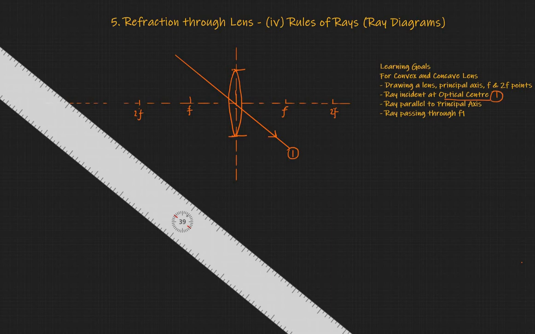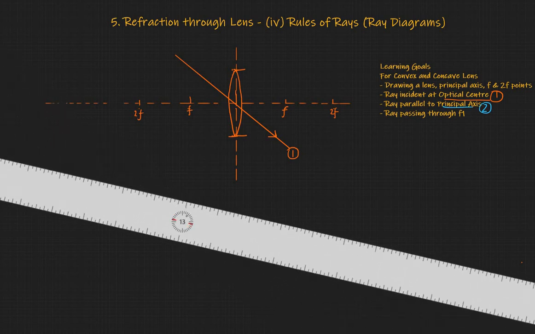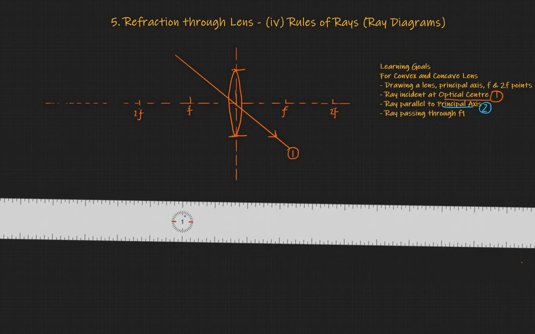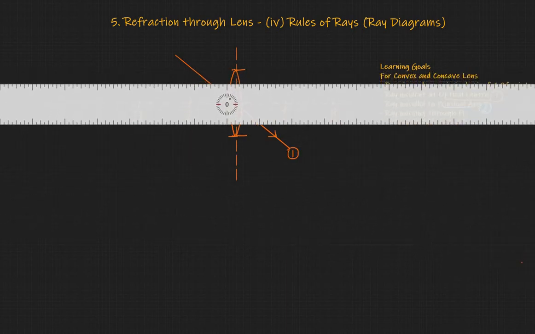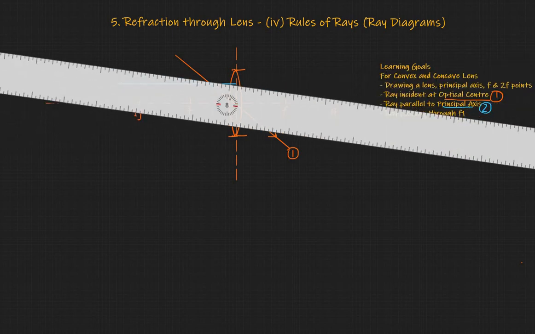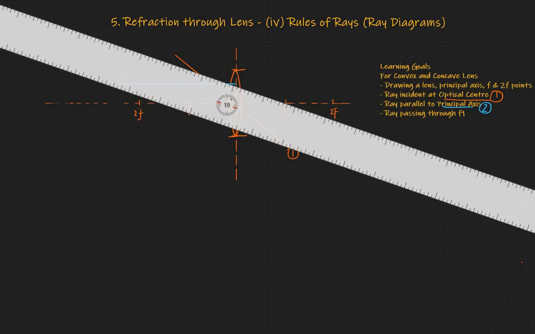The second point would be a ray parallel to the principal axis. So let's draw a ray parallel to the principal axis. This is the second point, ray parallel to principal axis. So I hope you're drawing all these with me. If there is a ray that's parallel to the principal axis, that ray will, by definition, go through the focus.